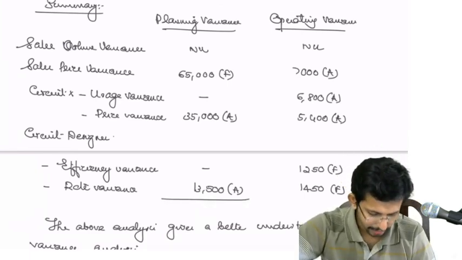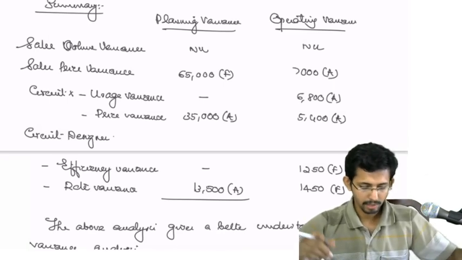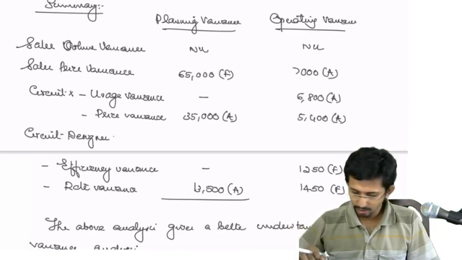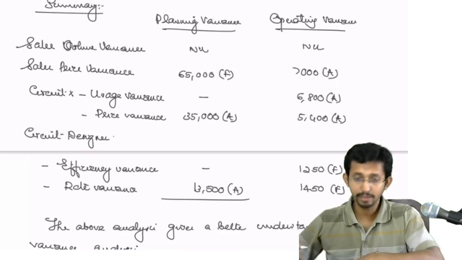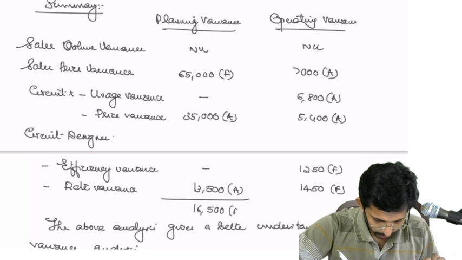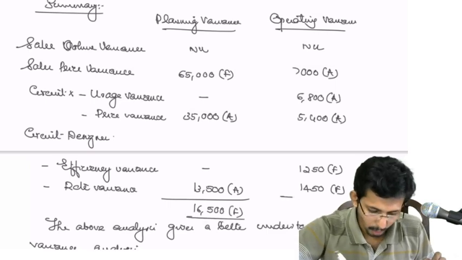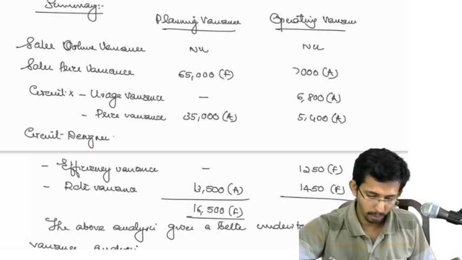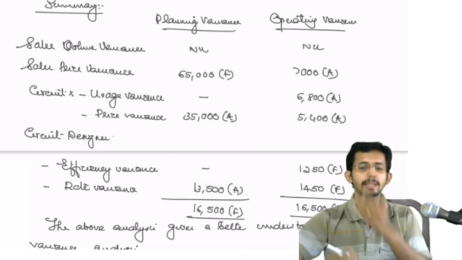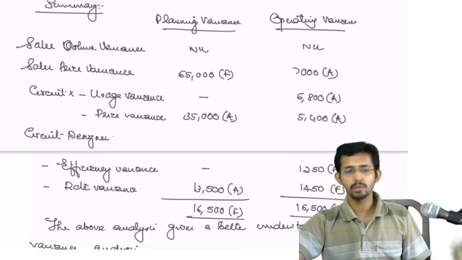If you see the planning total, it will be how much? 65,000 minus 35,000 minus 13,500 will be 16,500 favorable. Similarly, for operating variance, it will be what? Total 16,500 favorable. So both get set off and net variance becomes 0.